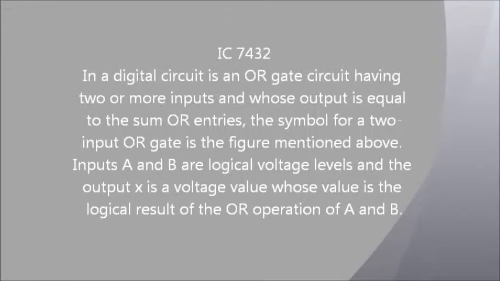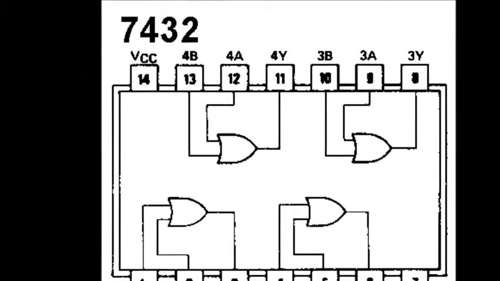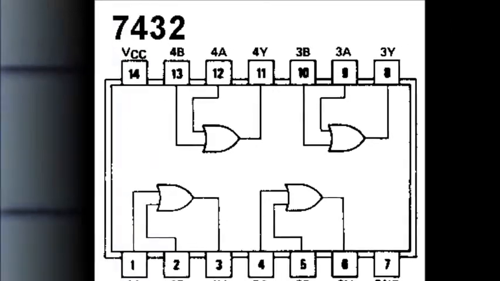Inputs A and B are logical voltage levels, and the output is a voltage value which is the logical result of the OR operation of A and B. This is the function of it, and this is the schematic symbol.